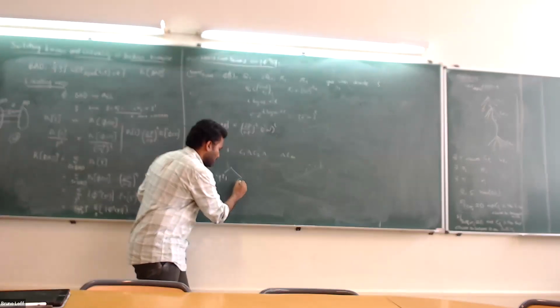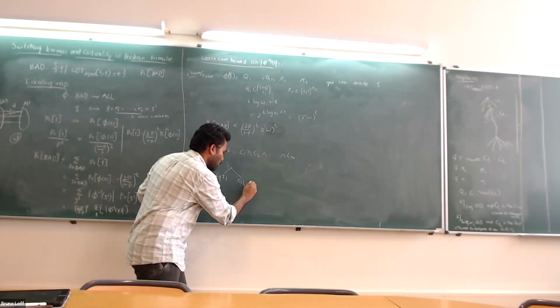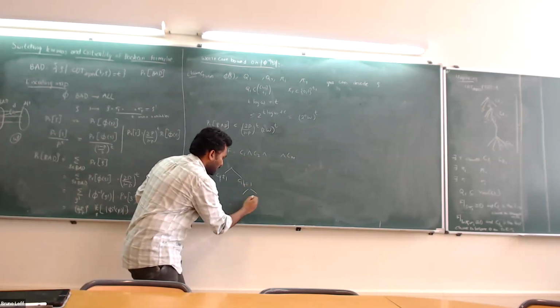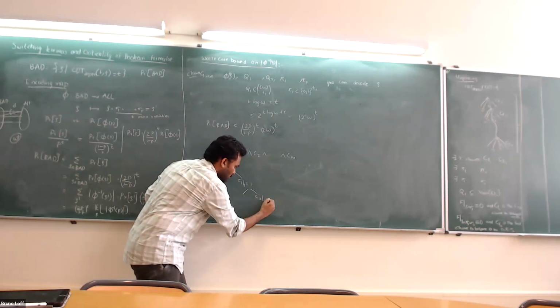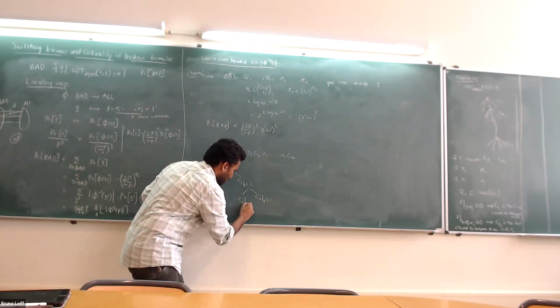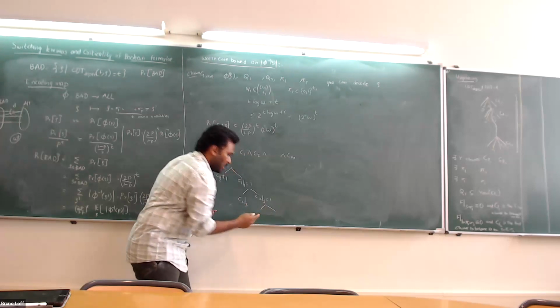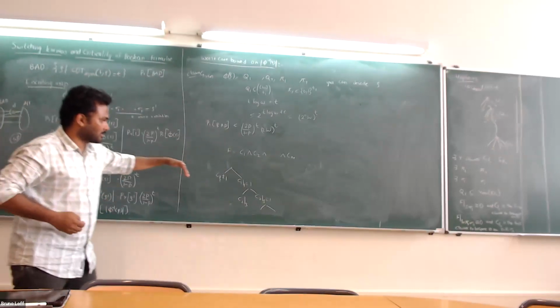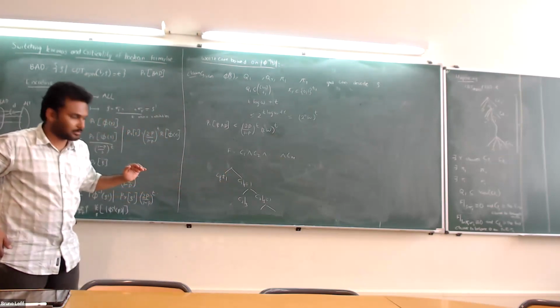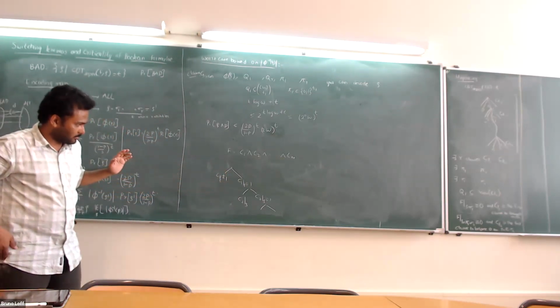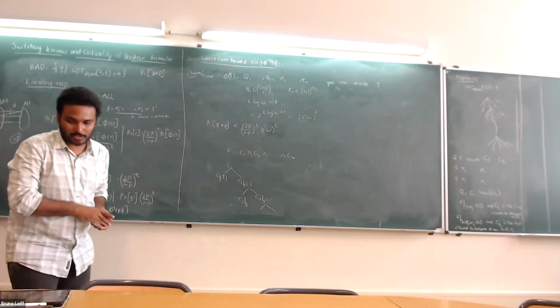The other case is okay, C1 is set to 1. That's the easy case. Let's look at what happens to C2. Right, the easy case, so this is taken care of.